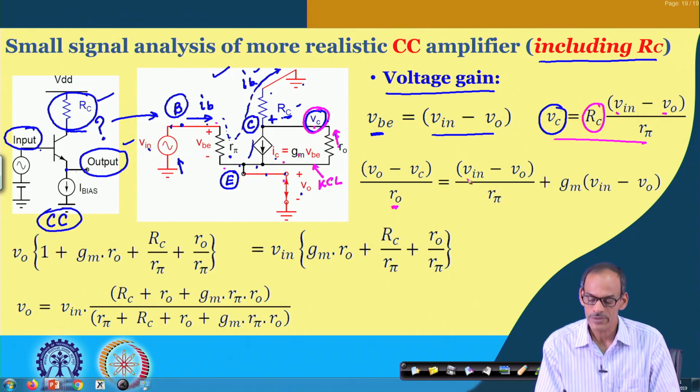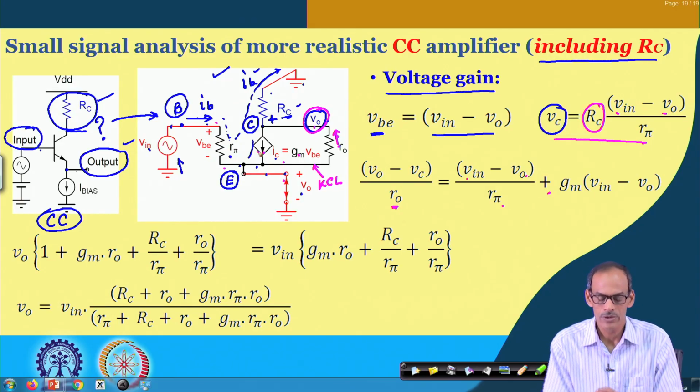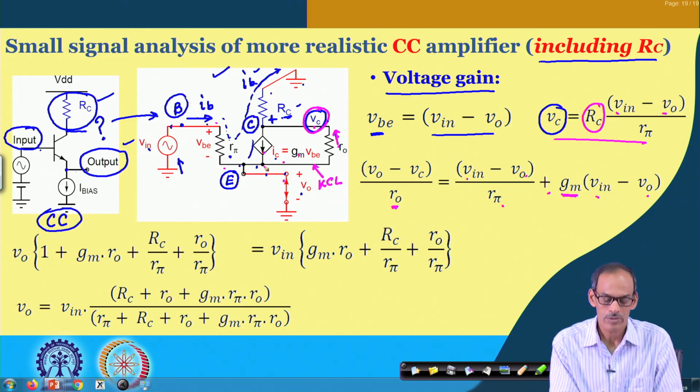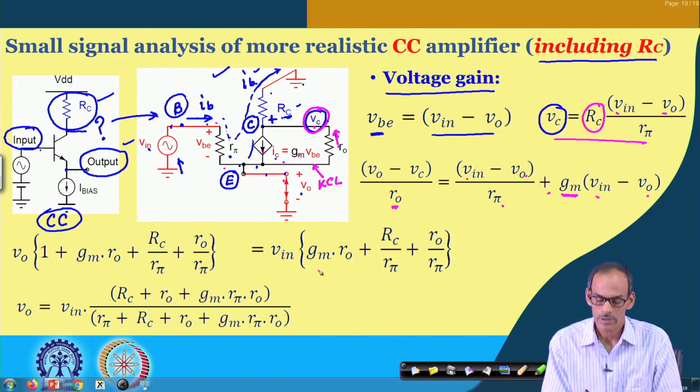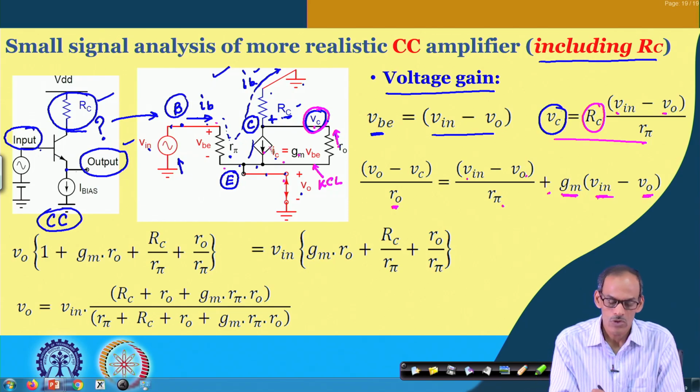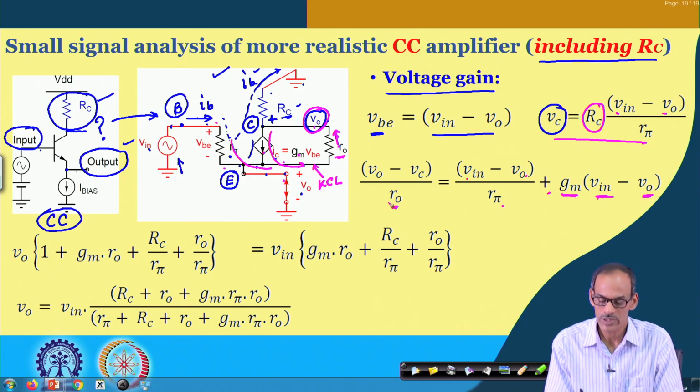The base current is V in minus V O divided by R pi, and the current flowing through the voltage dependent current source is G M into V B, where V B is V in minus V O. So, the summation of this current and this current is equal to this current. That is what we have written here.